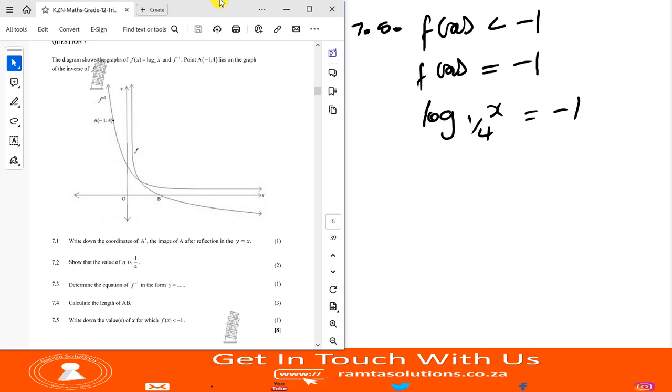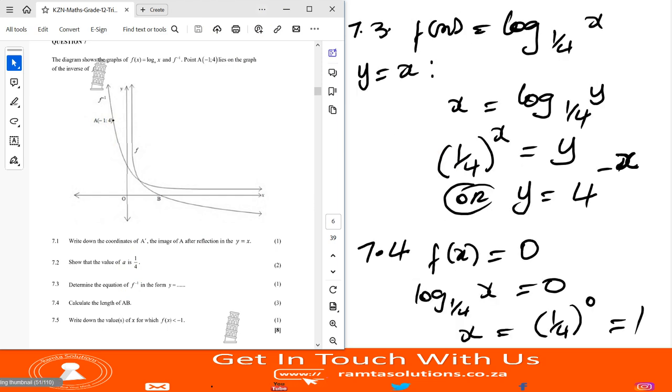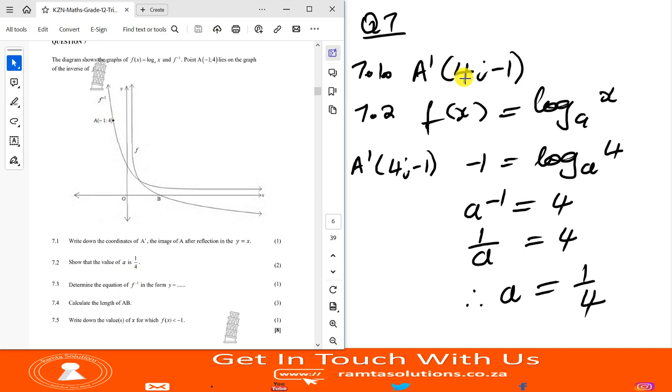You said a prime was 4 and negative 1. You remember? So basically, you know this answer. Let's say negative 1 is here. This x value is, what is it? It's 4. Can you see that? This x value is 4.